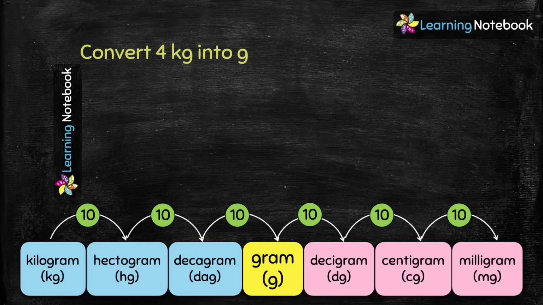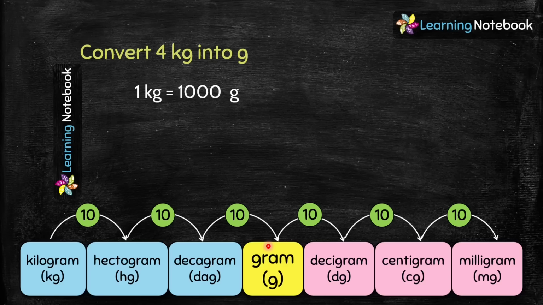So again we will refer to this diagram and we can see that we have to jump 1, 2, 3, 3 times to reach gram. So it means 1 kilogram equal to 1000 gram.